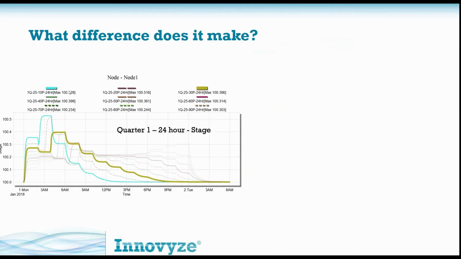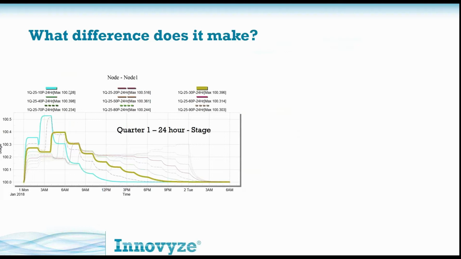So, what difference does it make? Well, in this case, Tony will do a quick demo here in a little bit, looking at this project. In this case, I looked at the stage of the pond in that project.